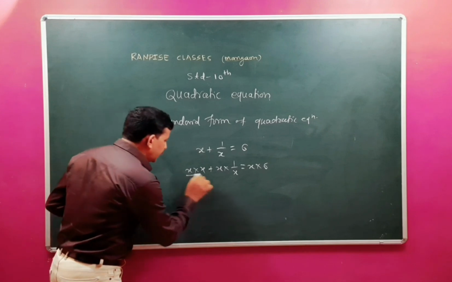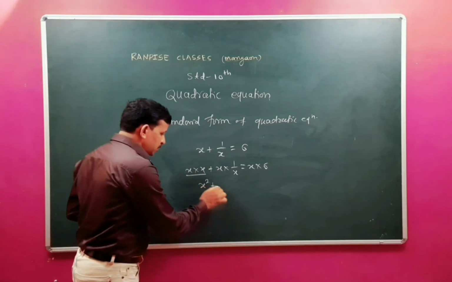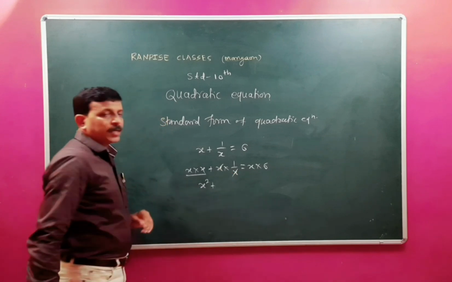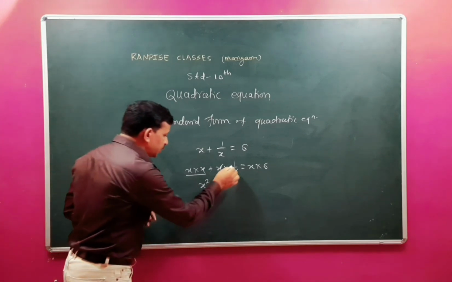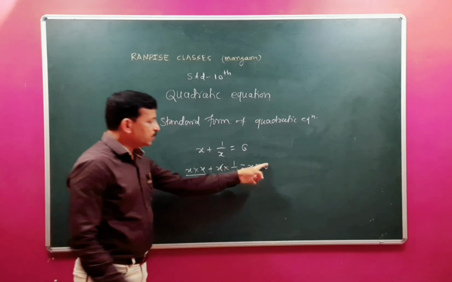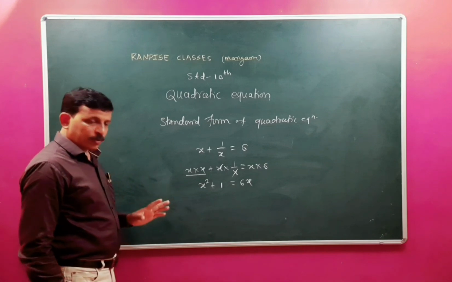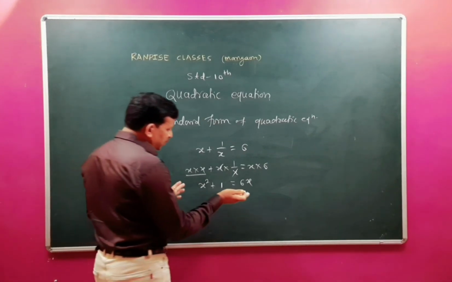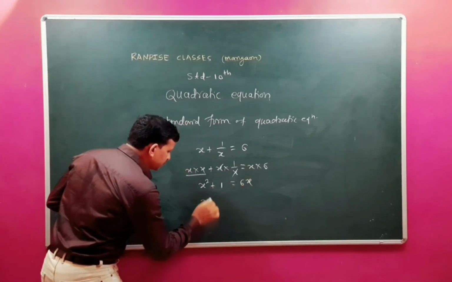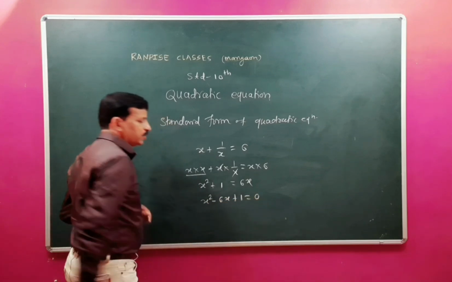Now here x into x is x², plus x and x are cancelled. Then just 1 remains, equal to x into 6 is 6x. Therefore, we got the equation x² − 6x + 1 = 0.